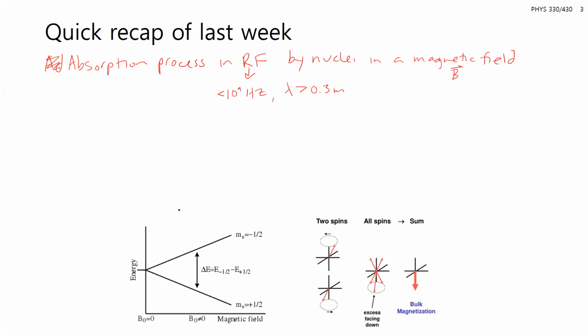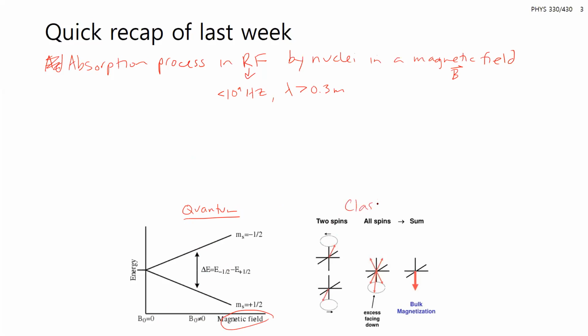So we went over both the quantum descriptions of this, where we have an energy diagram here showing that as you increase the strength of the magnetic field, the energy difference between your two spin states increases. So that improves your sensitivity of your NMR measurements, and is why people build giant magnets to do NMR for very sensitive work.